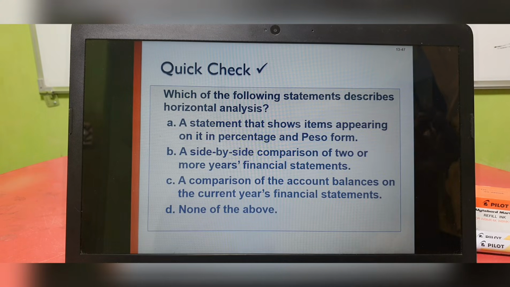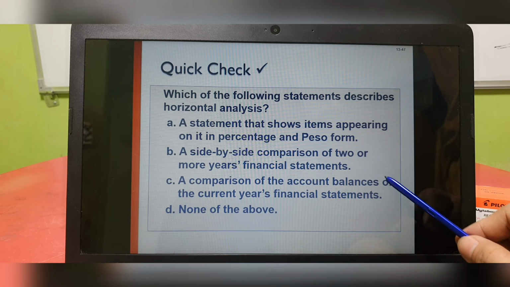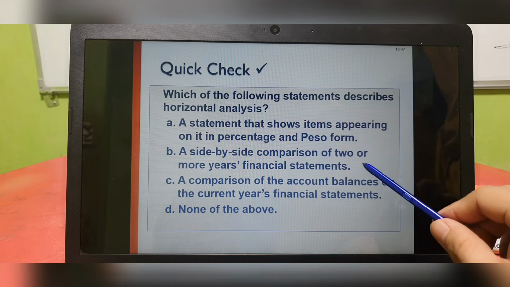Ayan. Quick check. So, which of the following statements describes horizontal analysis? Okay. So, a few seconds to answer on this one. Is it a statement that shows items appearing on it in percentage and peso form? Is it a side-by-side comparison of 2 or more years financial statements?